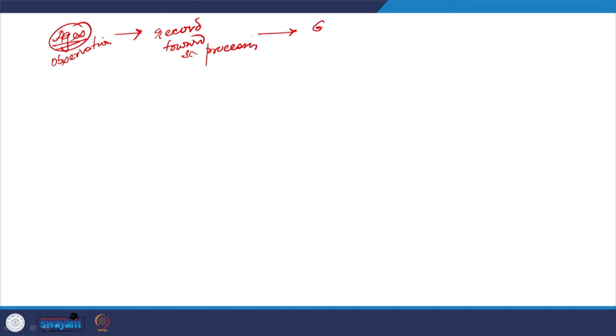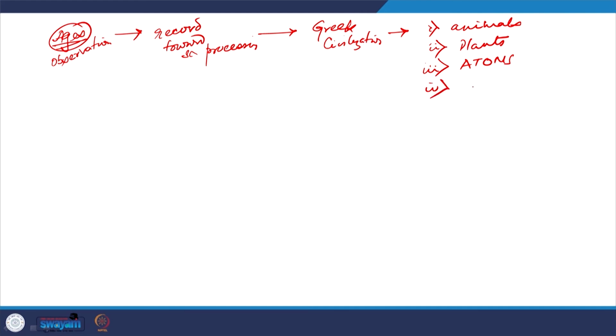Then started the Greek civilization, where they did categorization of animals, categorization of plants, brought the concept of atoms, and developed the forces which held together earth, fire, air and water.